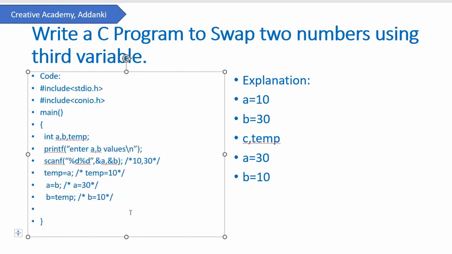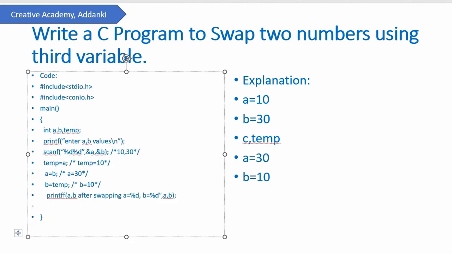So what I have to do now is print the values. What I have to print is a comma b after swapping. In place of percent d, the a comma b values should be replaced.